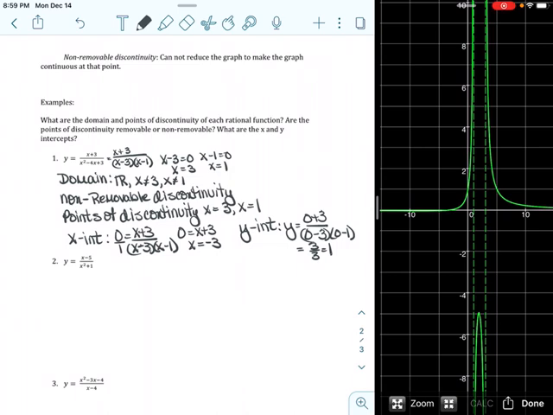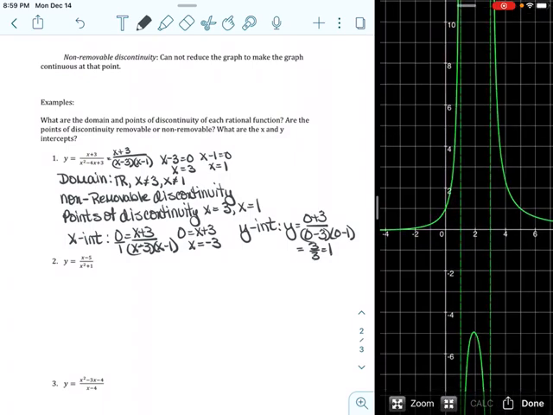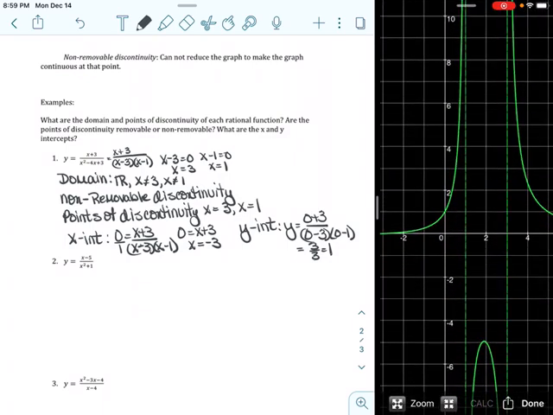We have where it crosses the y-axis, which is at 1, crosses the x-axis at negative 3, and we do have vertical asymptotes. See them? So we have points of discontinuity at 3 and negative 3, and I think I can pitch that out. We can see that without the, there we go. Okay. All right, let's try the next one.